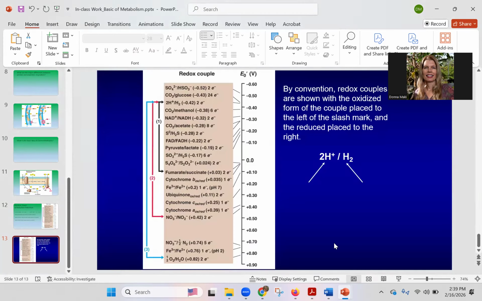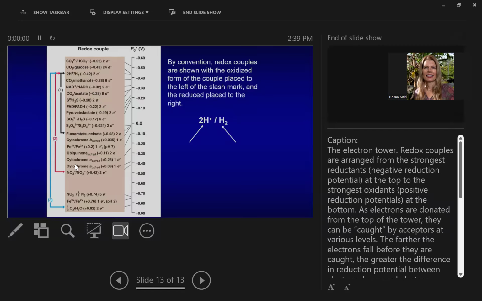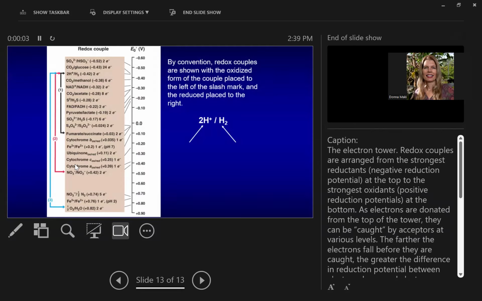Okay, let's think about this for a little bit. The electron tower, a couple of you mentioned that you were still unsure about this. You filled out the form on Friday. So here you have to know some rules. First of all, when they have them set up in pairs like this, divided by that slash, the pair that's lost electrons, the oxidized one, is always on the left of the slash.